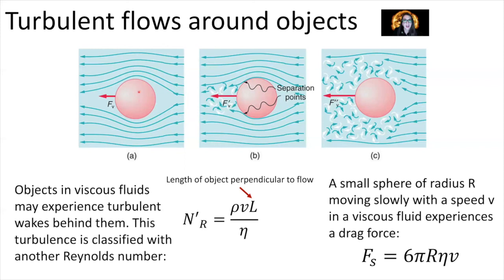The faster the sphere goes, or the faster the fluid moves around it, it's really the relative speed between the object and the fluid around it. The greater that relative speed between the motion of the object and the motion of the fluid, the more turbulence you can build around that object.